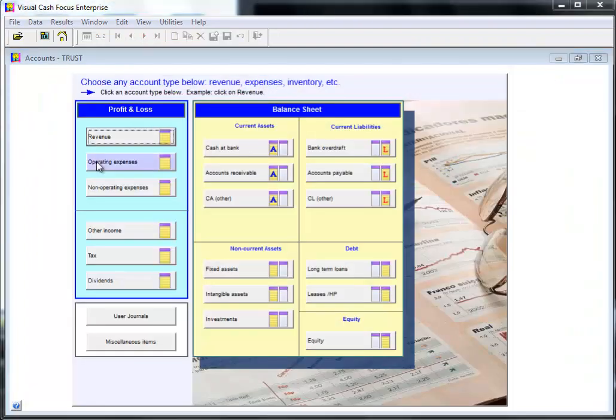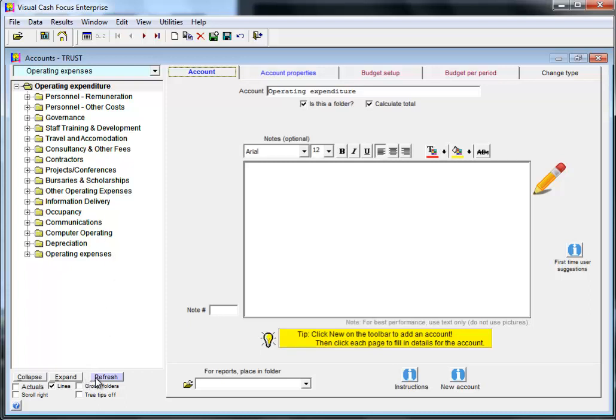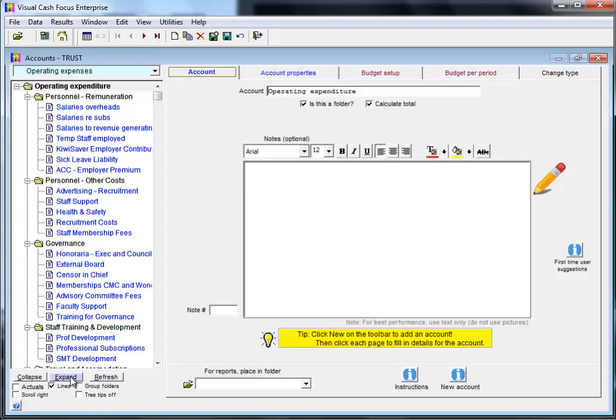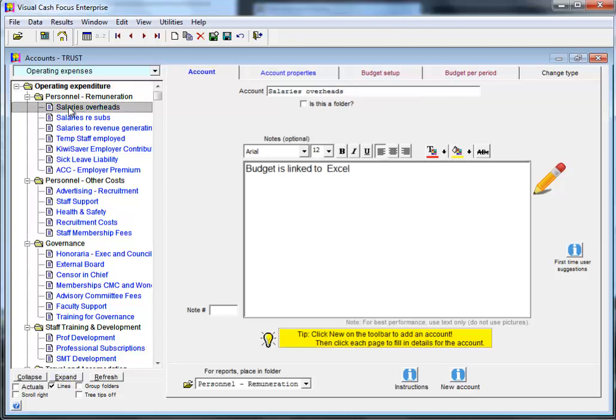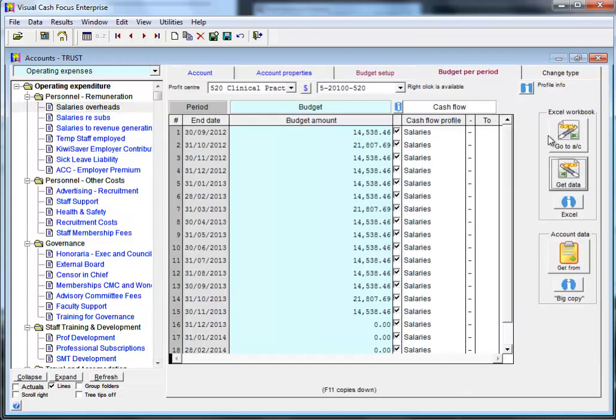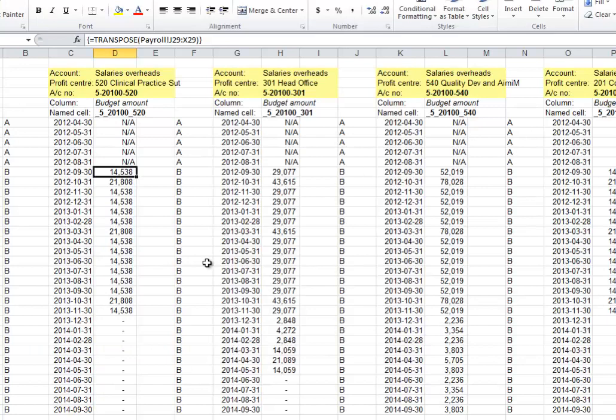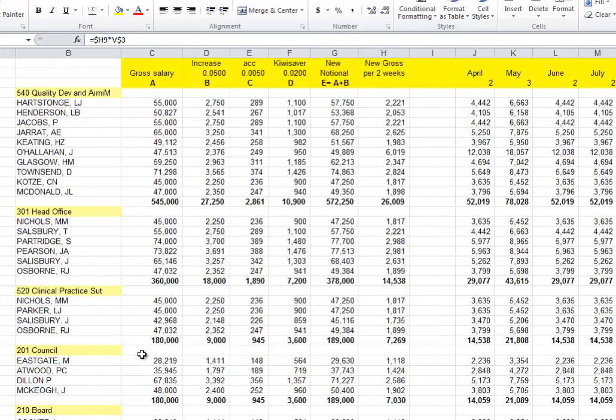In the operational expense area, a big feature of this model is the payroll calculation and its allocation across all the profit centres. In this example, an Excel link has been made to an external payroll calculation and allocation table. This is for a number of reasons. Firstly, to maintain what is a very detailed and sensitive calculation outside of Cash Focus.